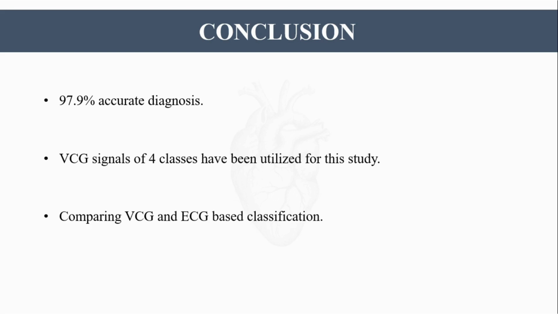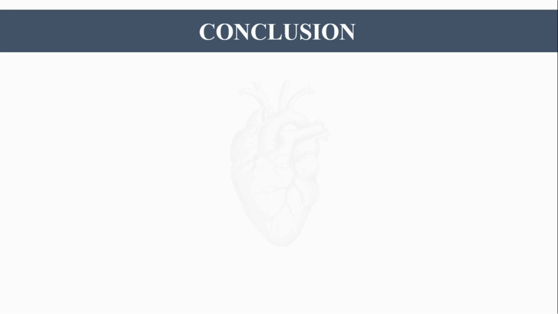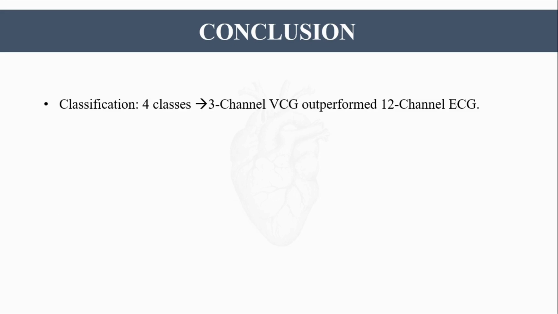This study gave a comparison of VCG and ECG based classification. Moreover, our work shows that the 3-channel VCG has done better classification than ECG, having more channels, even with 4 classes under observation.